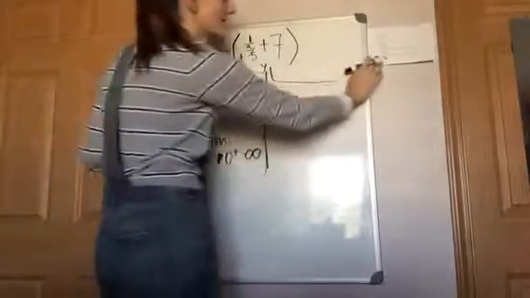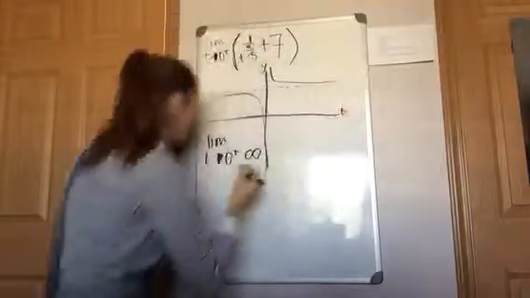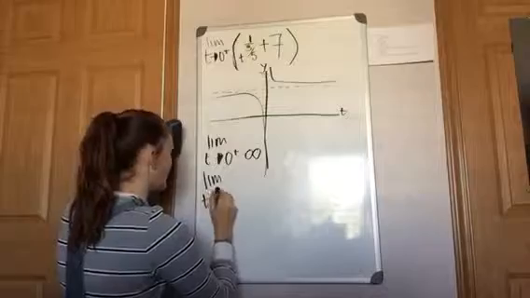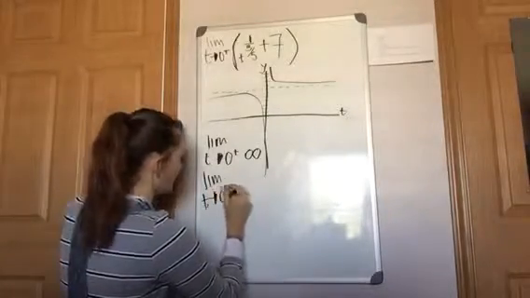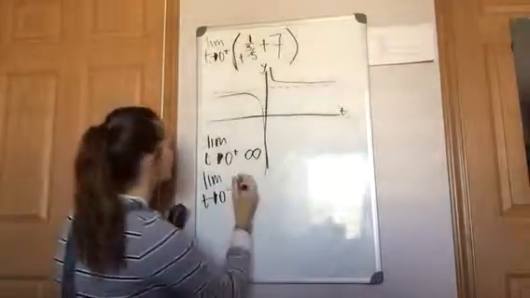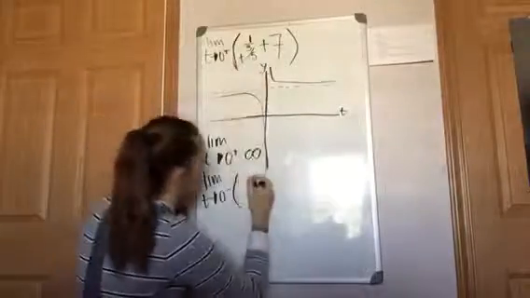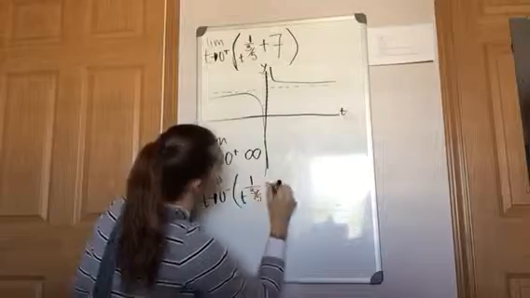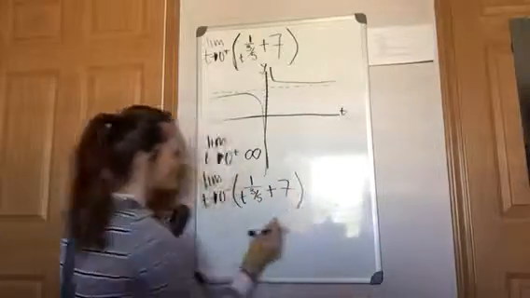And for our seventh question, we need to find the limit as t goes to 0 from below of the same equation, 1 over t^(3/5) plus 7.